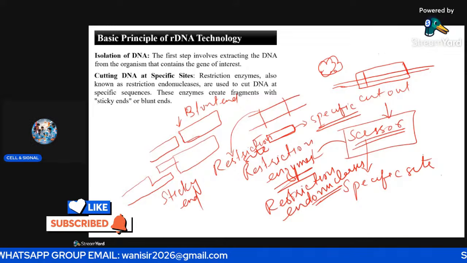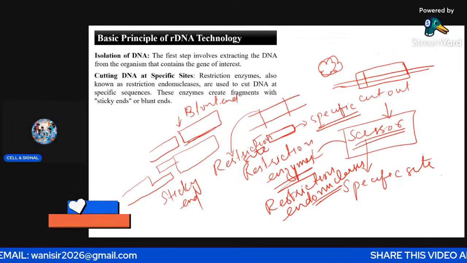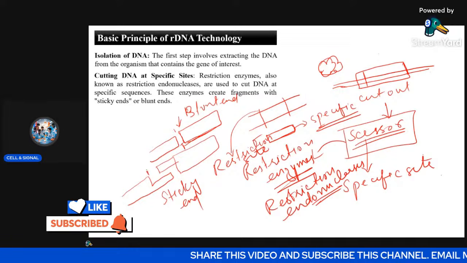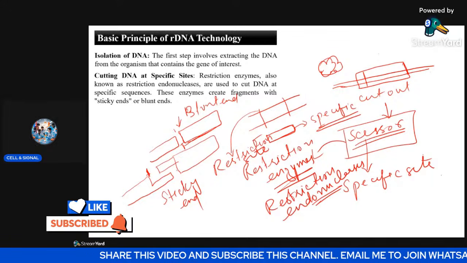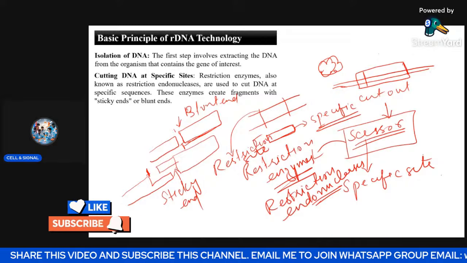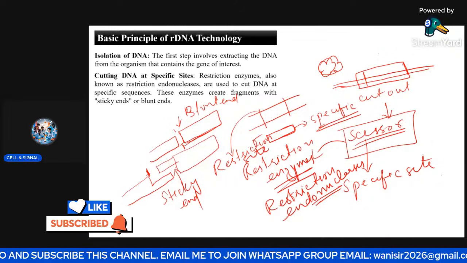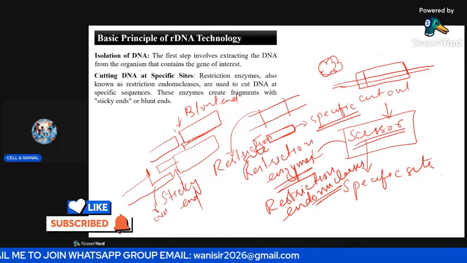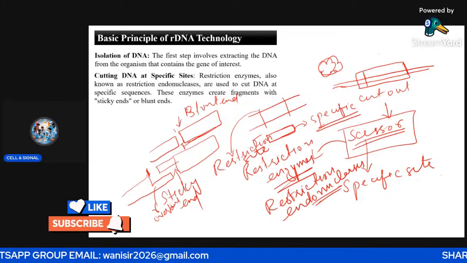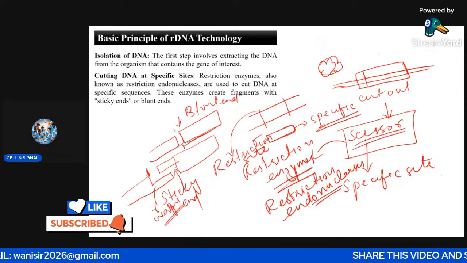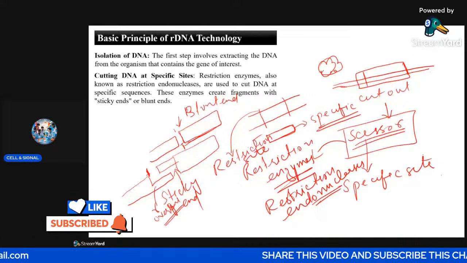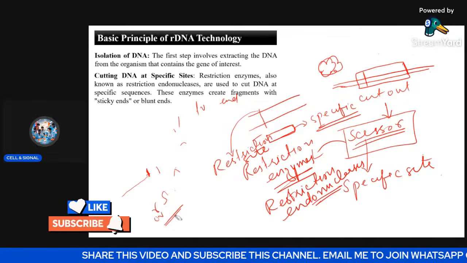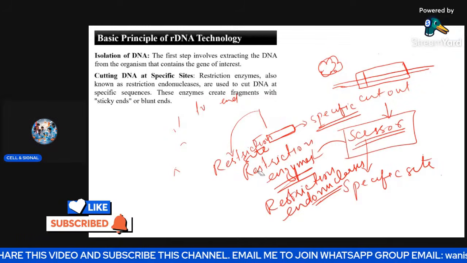The enzyme can cut the DNA straight across, up and down, that is called a blunt end. Or the enzyme can cut DNA at one point, and the other strand can be cut at another site. Then it will make overhangs. This DNA that is cut with overhangs is called a sticky end. So the enzymes can cut in two ways. One, it can produce blunt ended DNA, or it can produce sticky end DNA.